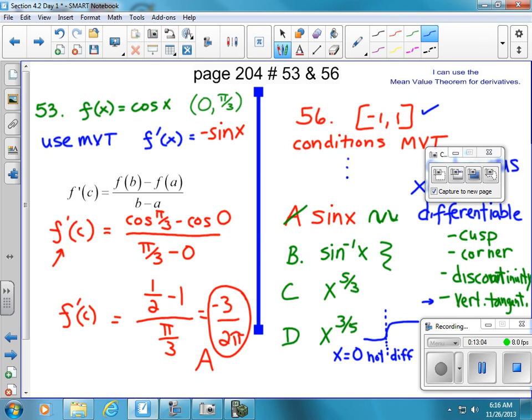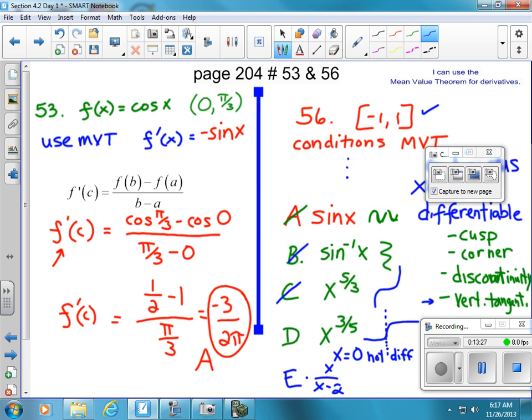X to the 5/3 kind of goes like this. It really doesn't have that kind of a vertical tangent like this one does. E, and you can check those out on your calculator as well, and also look back at the section in chapter 3. And then the last one is like x over x minus 2.